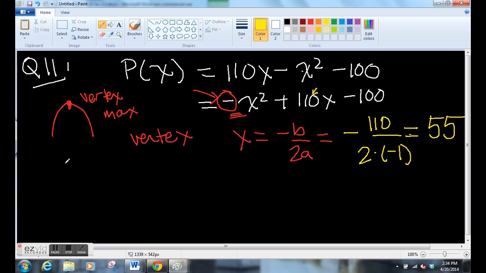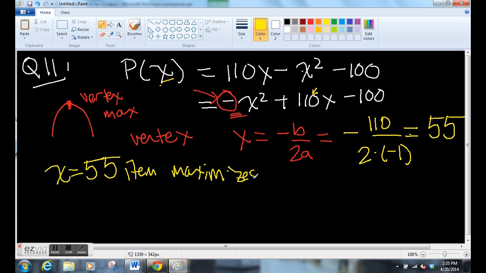X equals 55 items will maximize profit. Isn't that a handy application of that vertex? Sorry, my eyes are so strange with this touch tablet. So the other question said find the maximum profit.